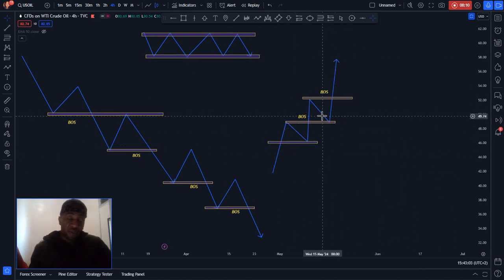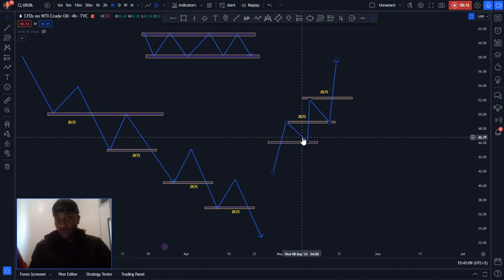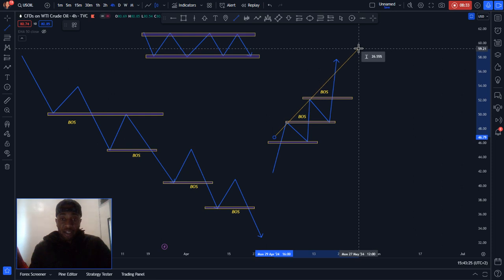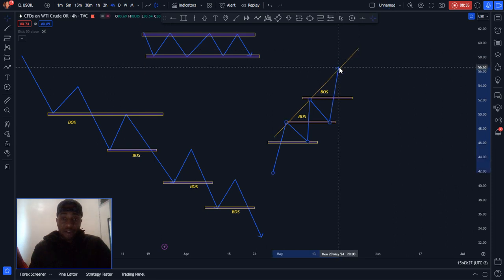So this is how it moves. These are the signs, or these are the indications, that you need to look at, that should influence your decision making. You see, once the market creates the break of structure like this, let's say for example you're drawing the trend line like this, and then the market is currently here.